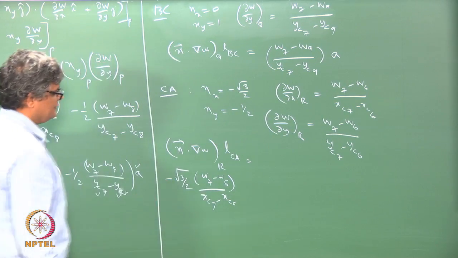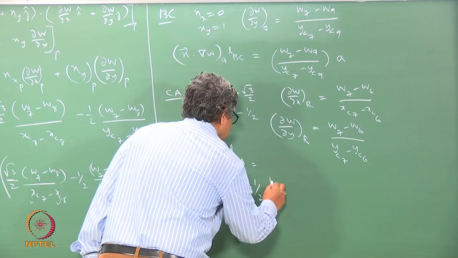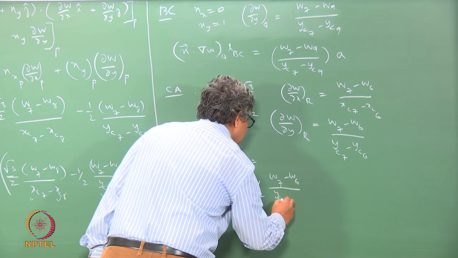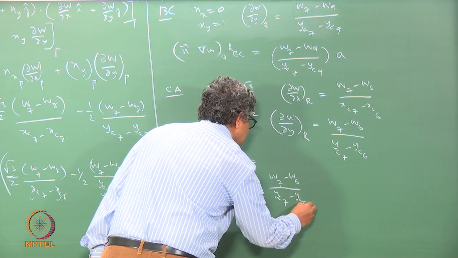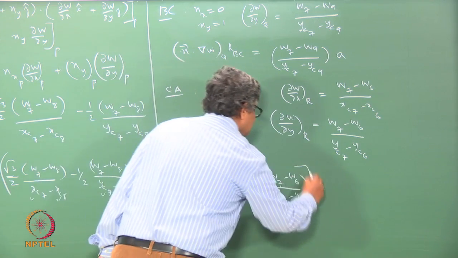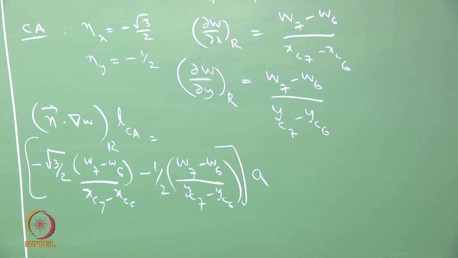There is a minus here, minus half times W7 minus W6 divided by YC7 minus YC6, and this whole thing times A.